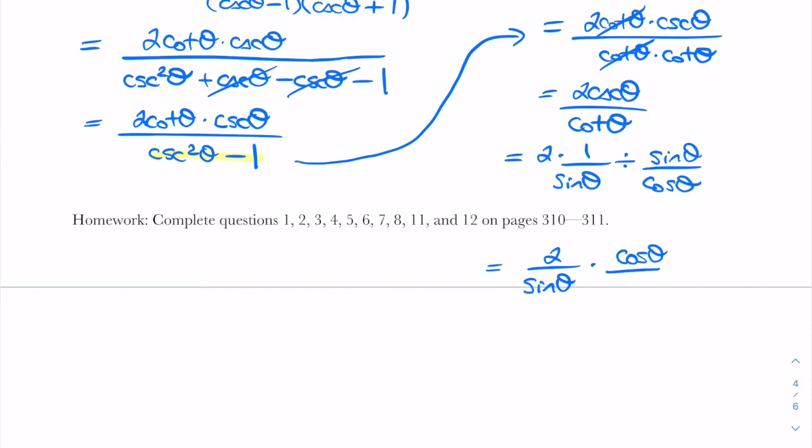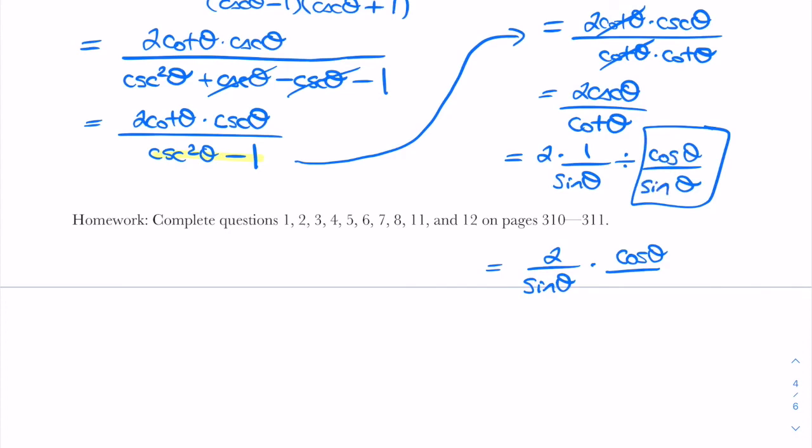Sorry, I made a mistake here, didn't I? 1 second. Okay, here's my mistake. I replaced cotangent theta with sine theta over cos theta, but what I meant to do was replace that with cosine theta over sine theta. Sorry about that.